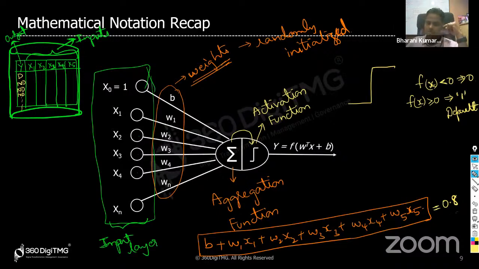So if you get 0.8, it is greater than or equal to 0, so the output will be 1. 1 means the person will default. So the activation function will give you some output. That's your predicted value.